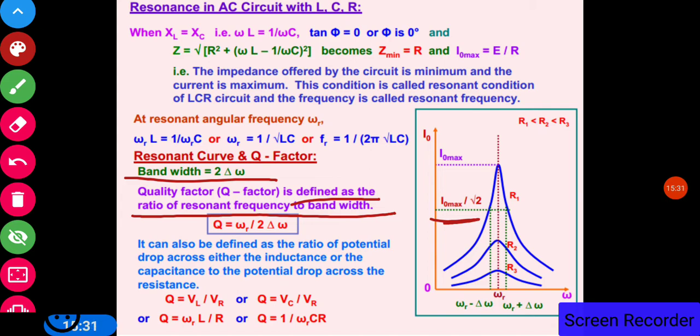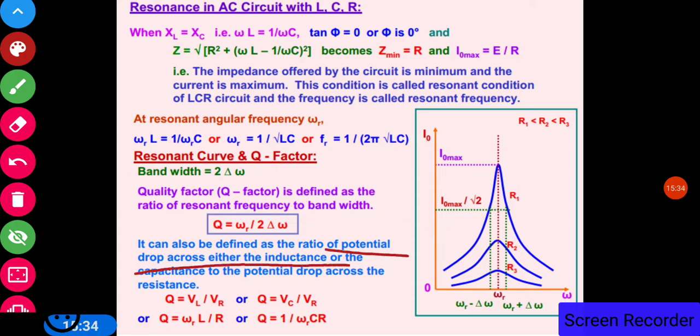It can also be defined as the ratio of the potential drop across either the inductance or the capacitance to the potential drop across the resistance. That is, Q is equal to VL upon VR or VC upon VR.